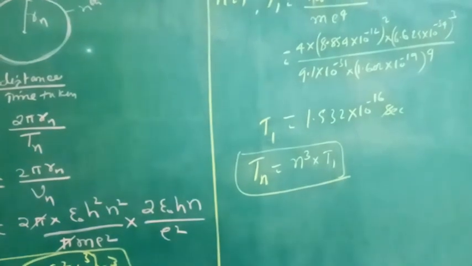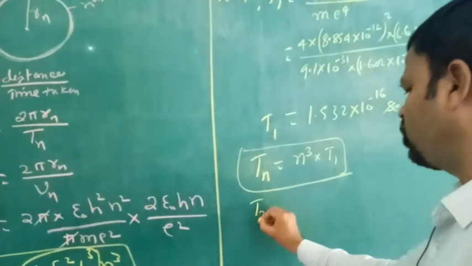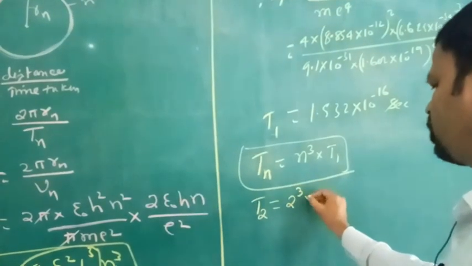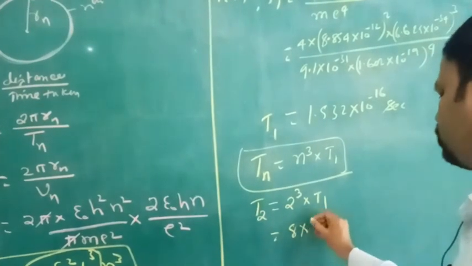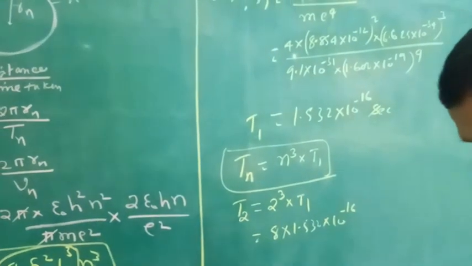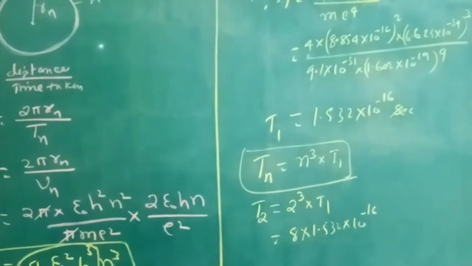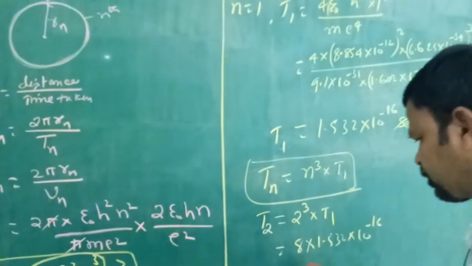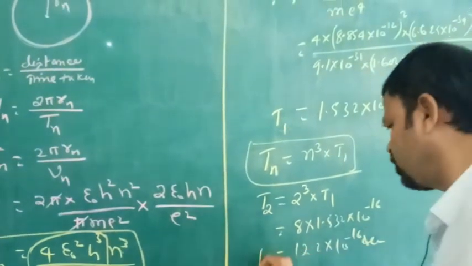Next, find out the time period of an electron in the second orbit, that is T2 is equal to 2 cube into T1. Now 2 cube is 8, into 1.532 into 10 to the power of minus 16 second, that is 12.2 into 10 to the power of minus 16 second.